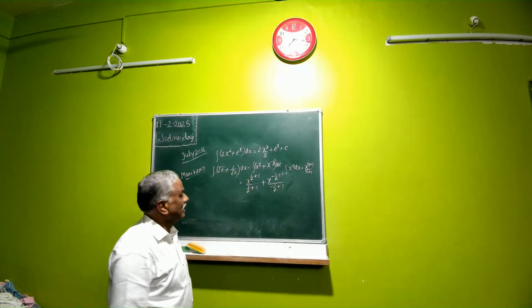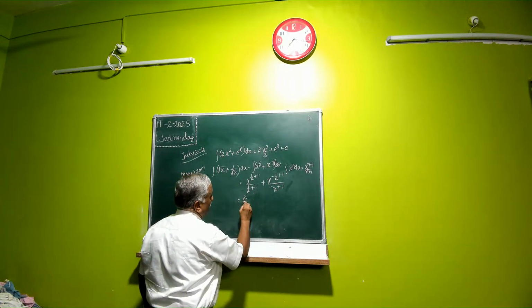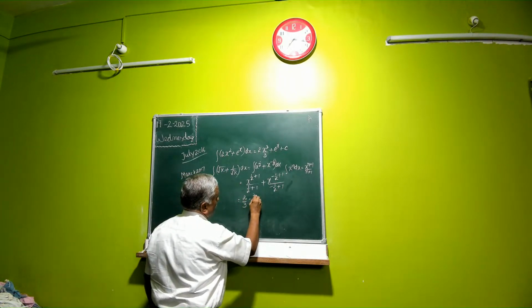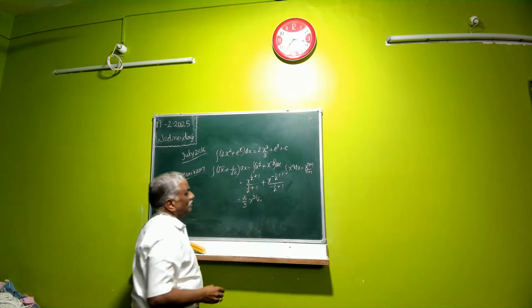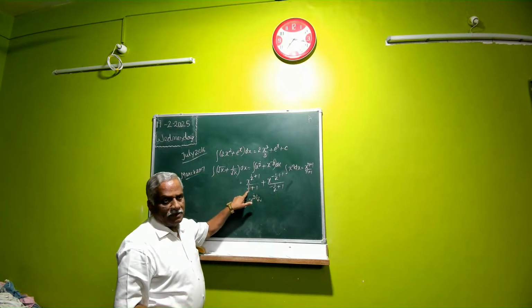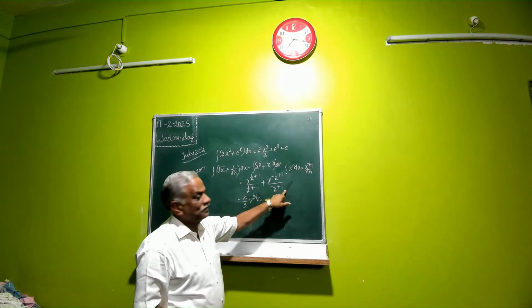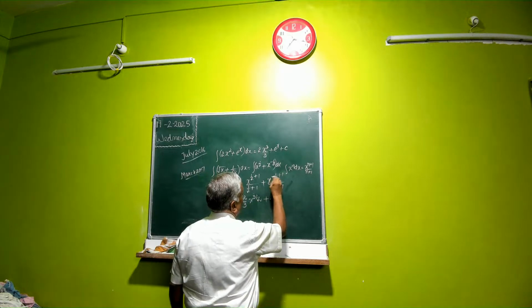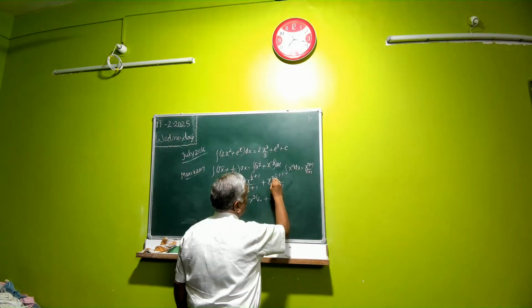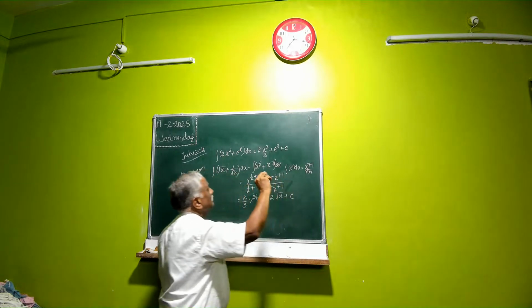See, half plus 1 is 3 by 2. Solve with 3 by 2, you will get 2 by 3 x to the power of 3 by 2. This is 3 by 2, but 2 will go to numerator. Minus half plus 1 is plus half, that means it is 2. Minus half plus 1 is plus half. It is 2 root x plus c.